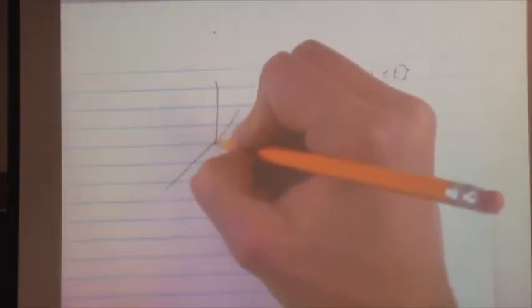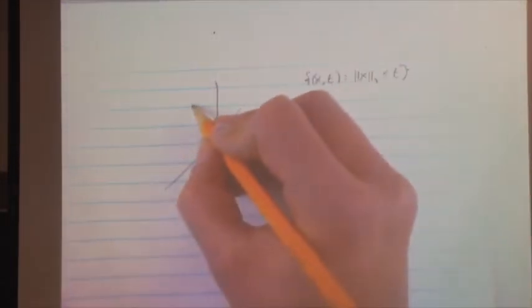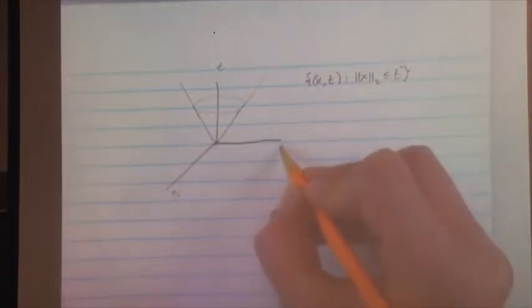So what does that look like? It looks like an ice cream cone. And you guys can verify that this is correct. I'm just drawing the circle to emphasize that all these points are in the cone, but it extends out this way forever. This is supposed to be t, by the way, and this is supposed to be, say, x1 and x2.